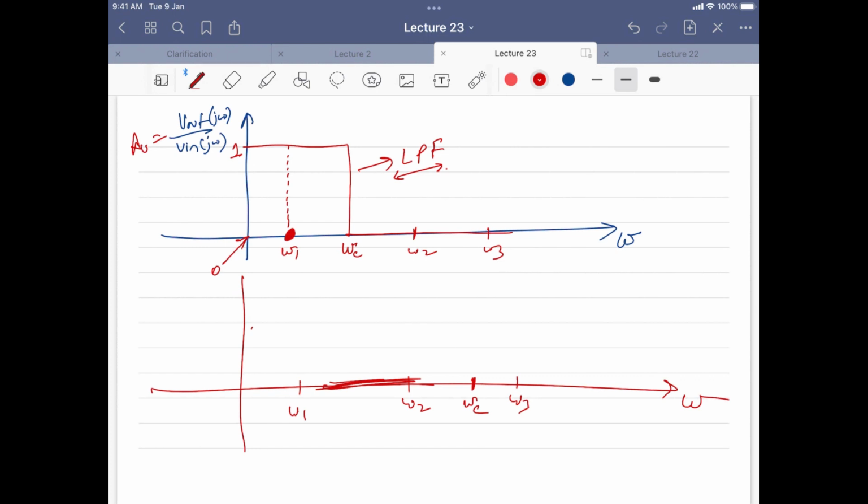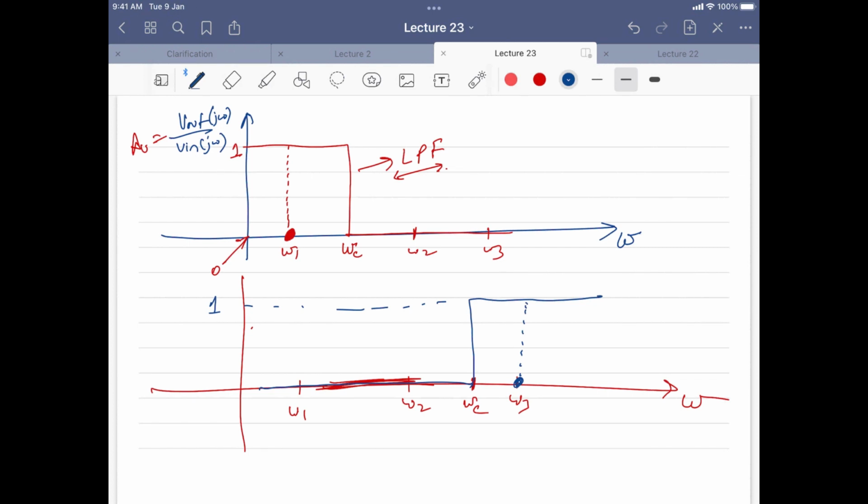So your filter should look like this. Right or not? Because at omega 3 you will get a gain of 1, and for the other ones you will get 0 gain.